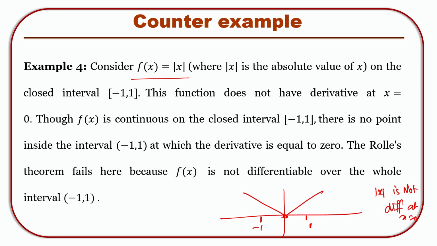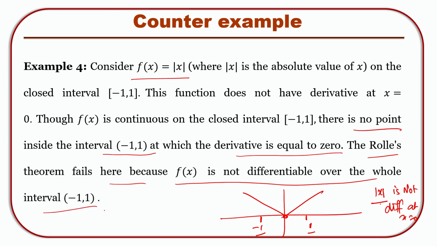So, firstly find out the value of the function modulus of x at minus 1, that is 1, and the value of modulus x at 1 is equal to 1. So, there is no point inside the interval at which the derivative is equal to 0, right? Even though the function is continuous in a closed interval, the Rolle's theorem fails here because f of x is not differentiable over the whole interval.